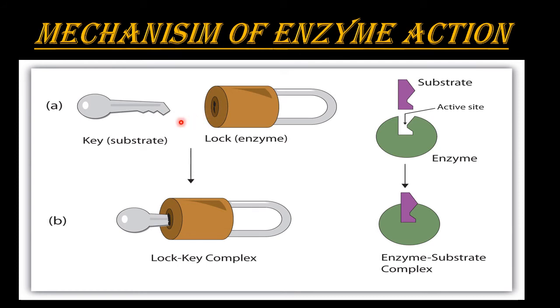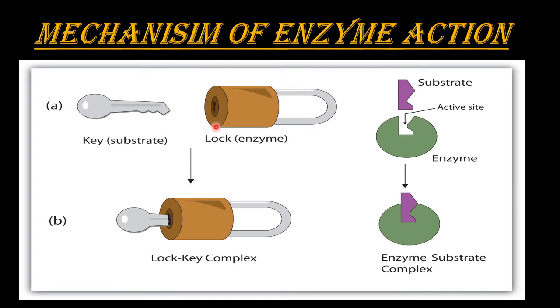So according to the lock and key model and according to Emil Fischer, the enzyme and its active site have a rigid structure with a specific shape, and the substrate means the key.